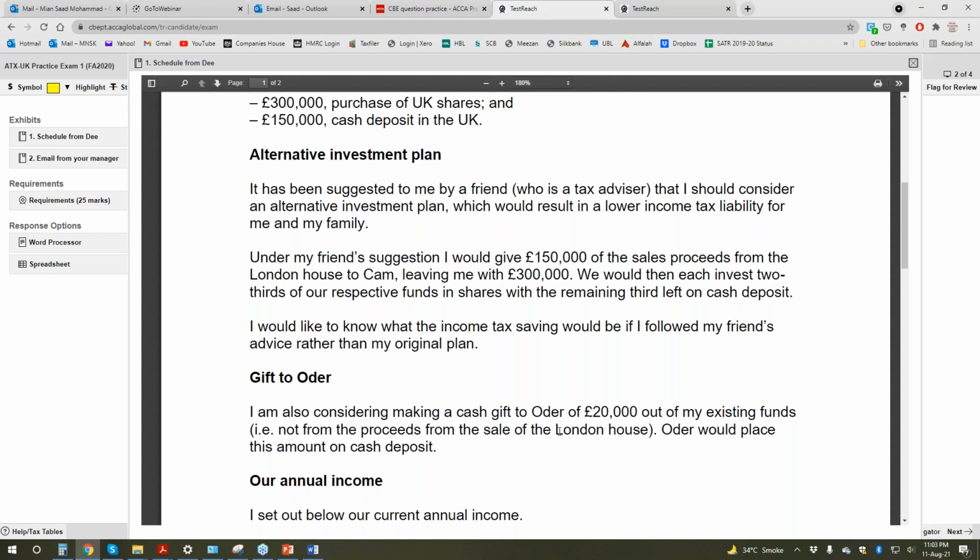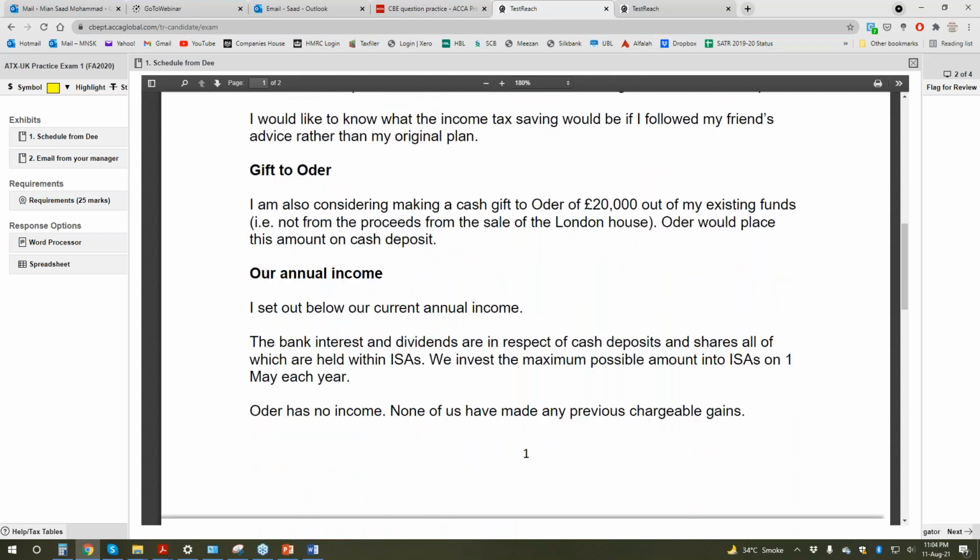However, if the income is 100 or less, it will be exempt for the child and for the parent. So you have to remember that if the interest from the cash deposit is more than 100 pounds, it will be considered as the income of D rather than Orla's income. This is a very important rule. Do remember that.